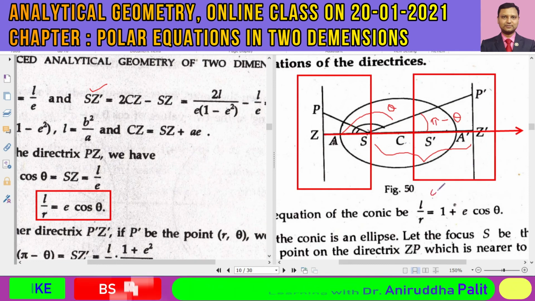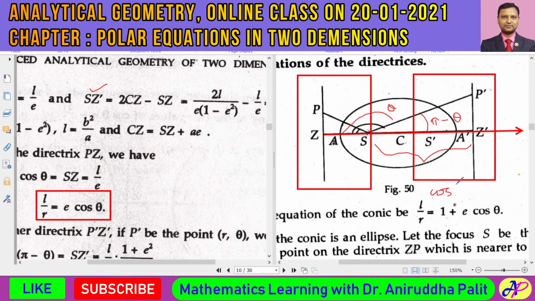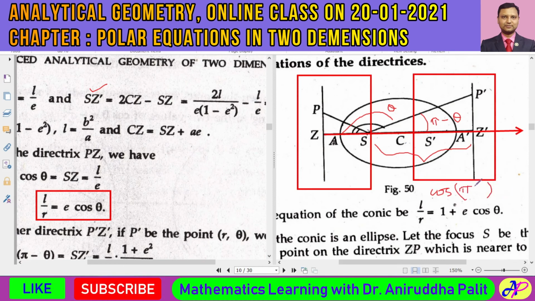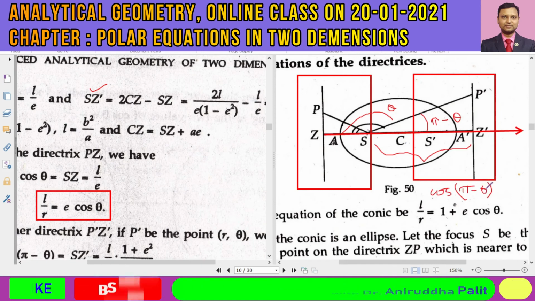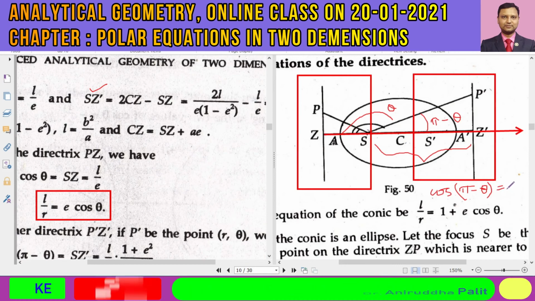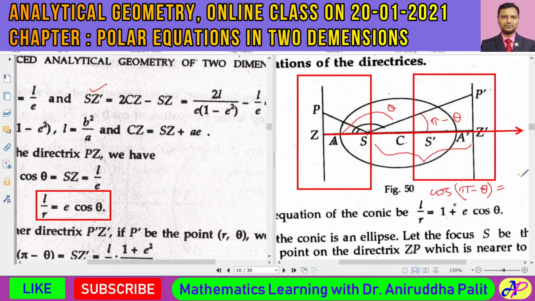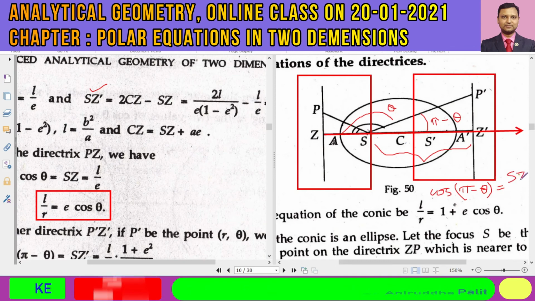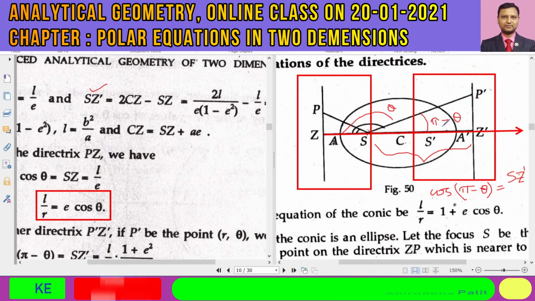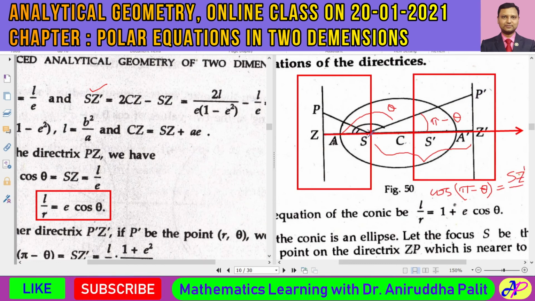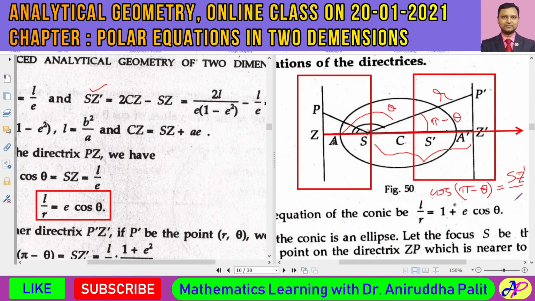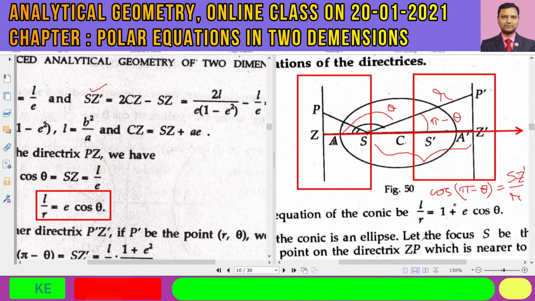So if we want to find the cos of that angle, cos of pi minus theta, that would be equal to the base SZ prime divided by the hypotenuse. Hypotenuse is from S to P prime, this much length. This is actually our radius vector r. So SZ prime divided by r.